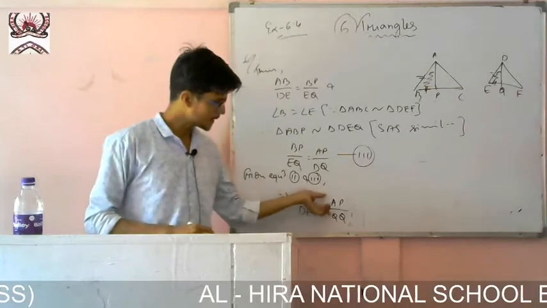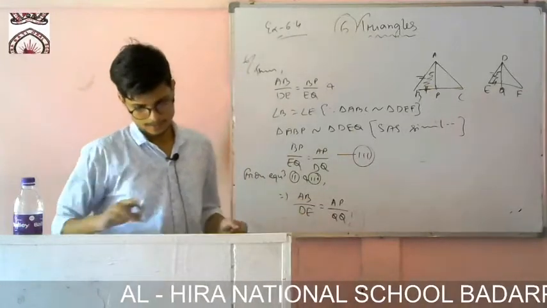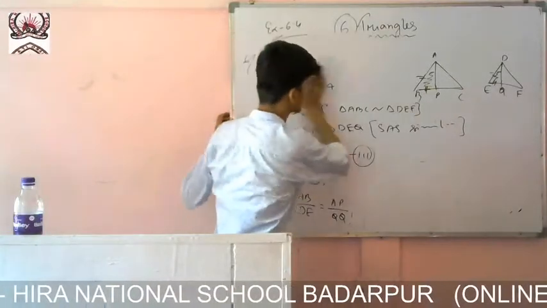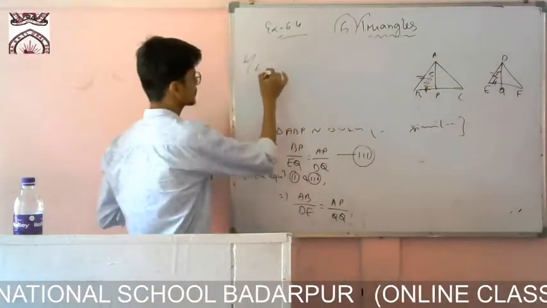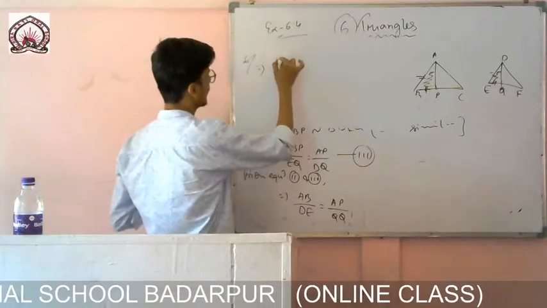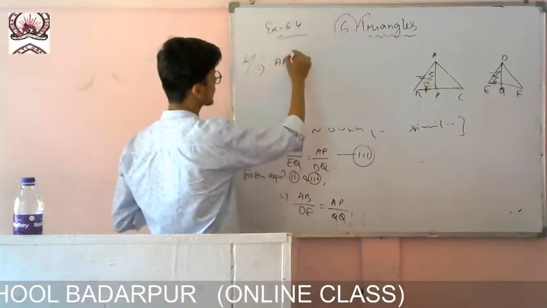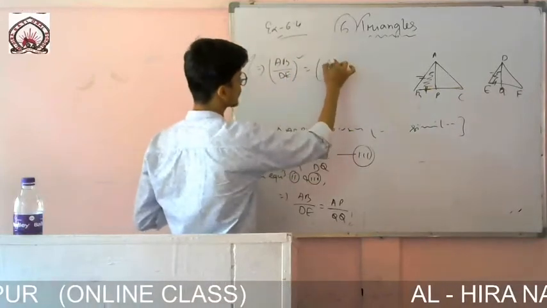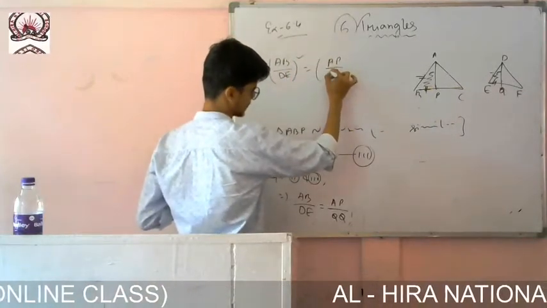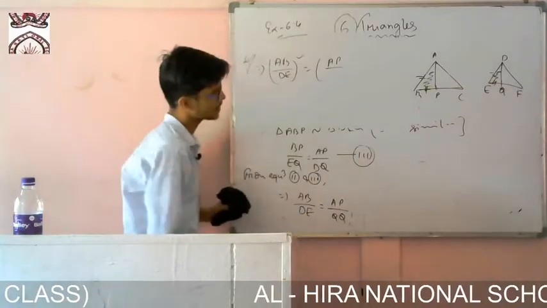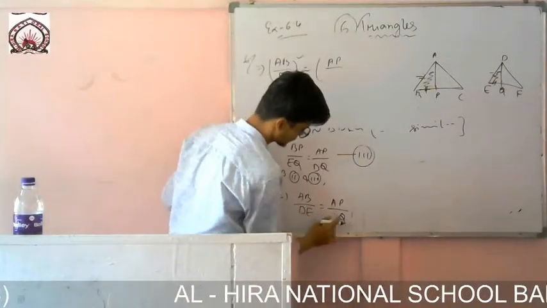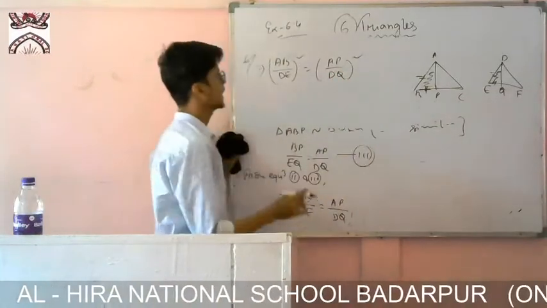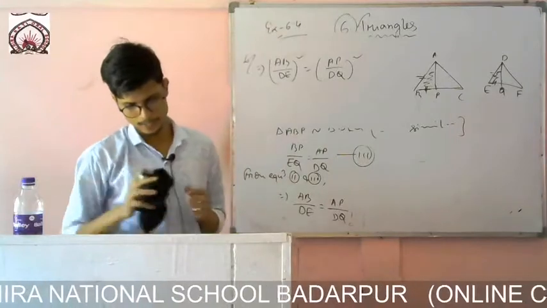So AB by DE is equal to AP by DQ. After that only one line. If I square them, AB by DE whole square will be equal to AP by DQ whole square.